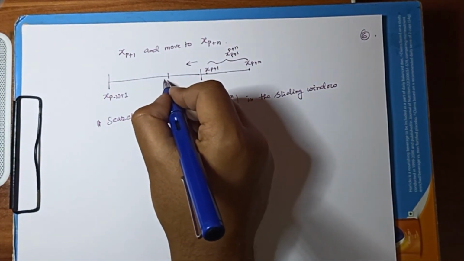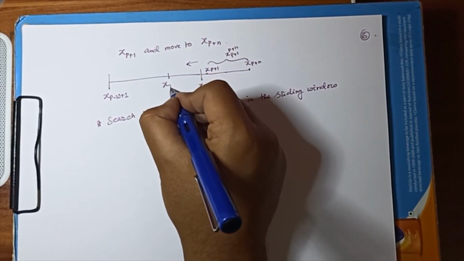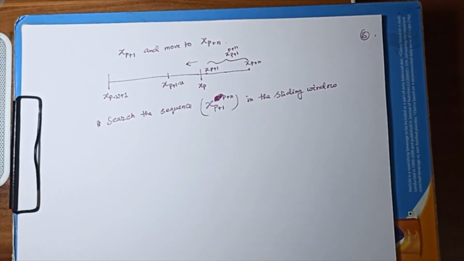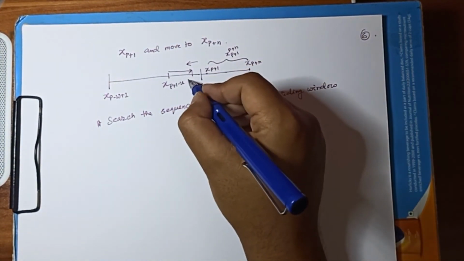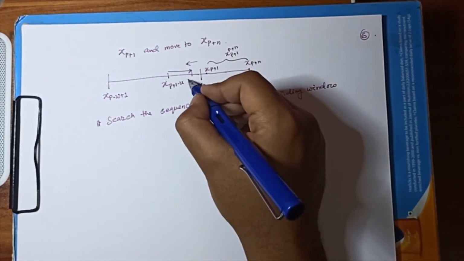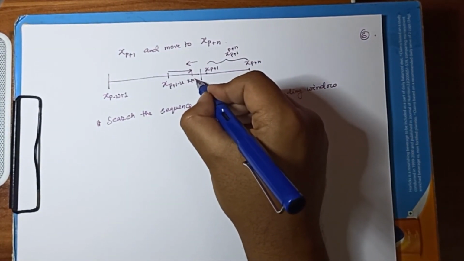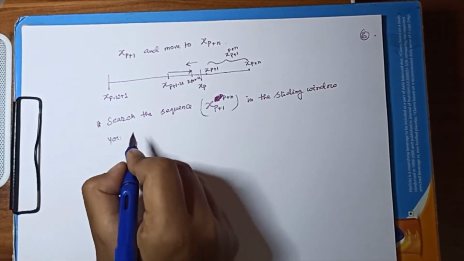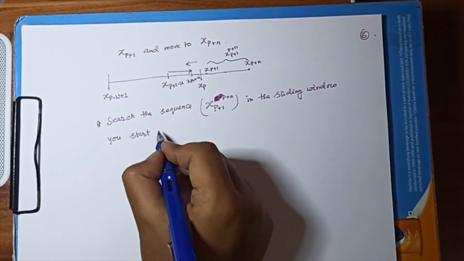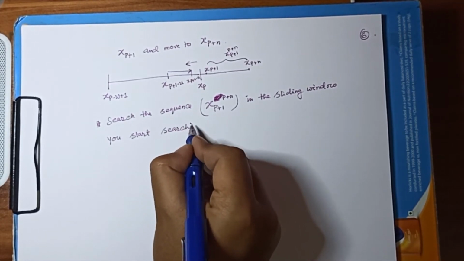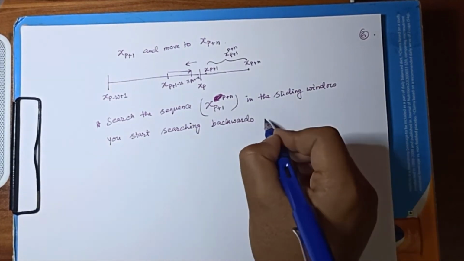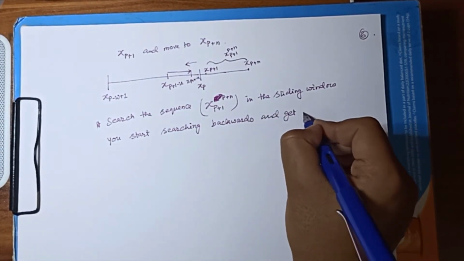So this symbol is x p plus 1 minus u, where you have got the match, and this symbol is p plus n minus u. This is where you get the match. So you start the searching operation, searching backwards, and get the first match, say.